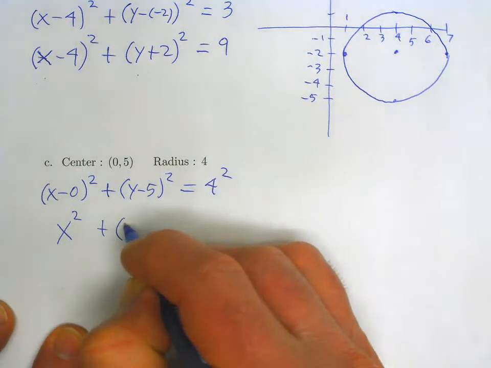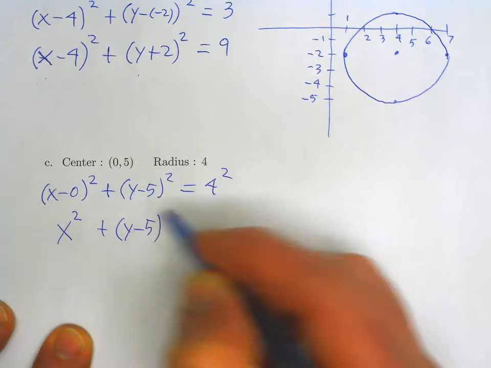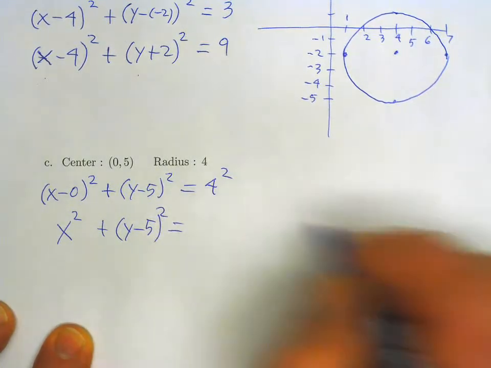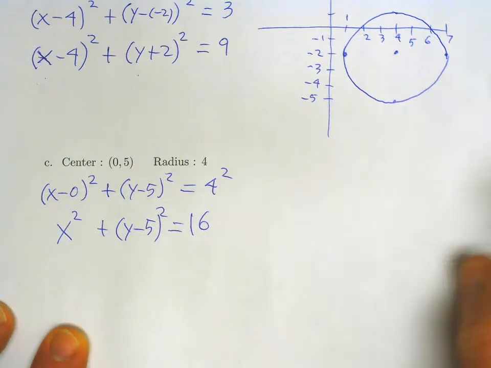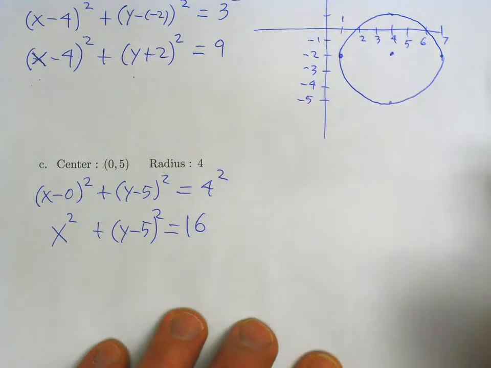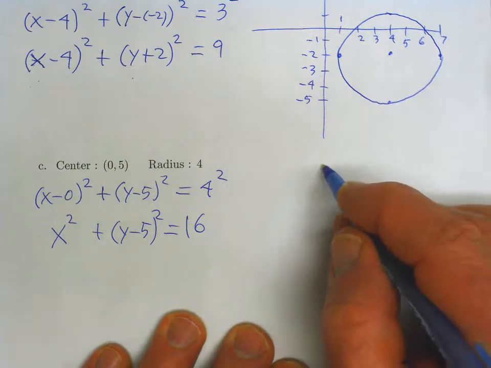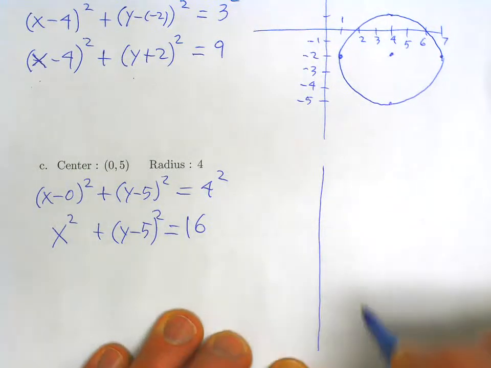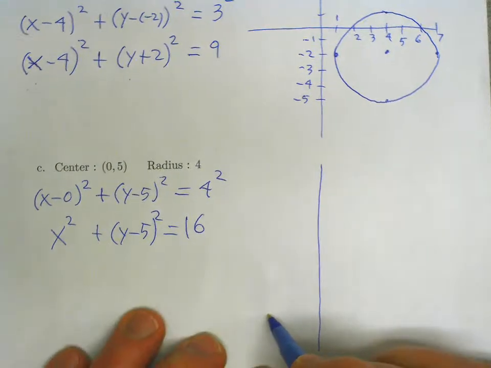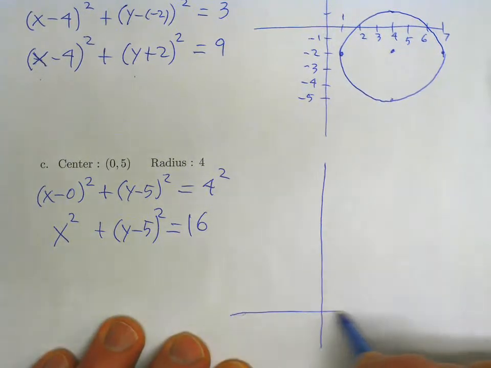This one is already as simplified as it can be, y minus 5 squared, and then 4 squared is 16. Okay, the center, 0, 5, that is a point on the x-axis. Sorry, the y-axis.